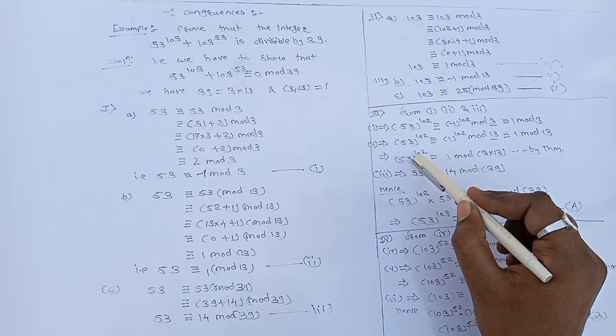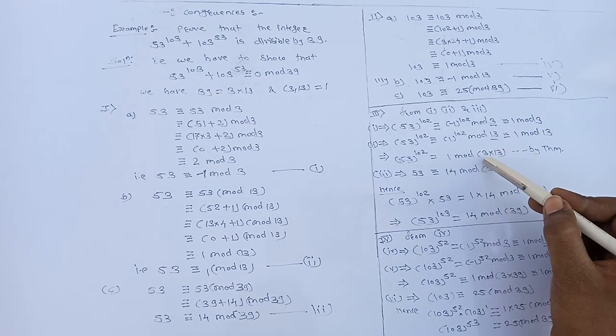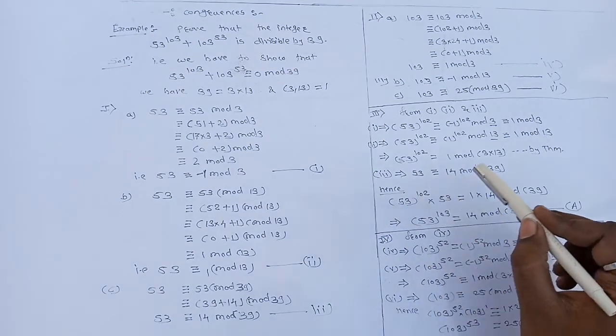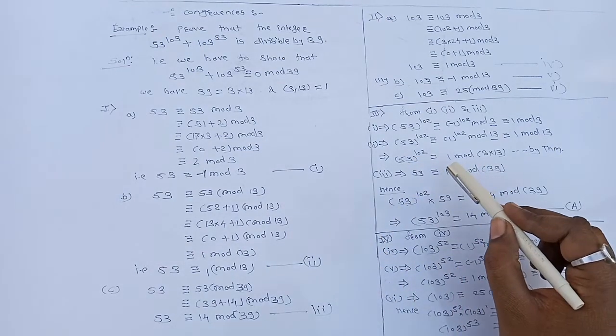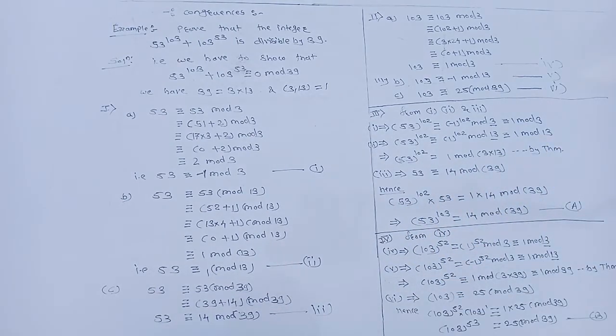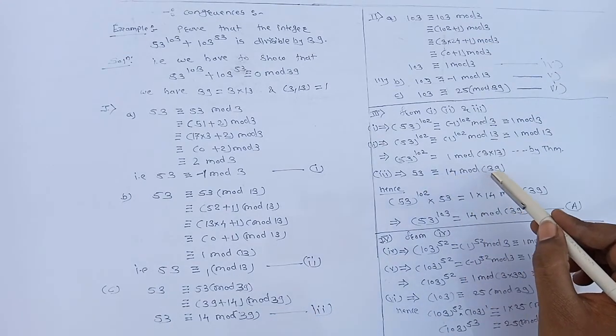So 53 raised to power 102 is congruent to 1 into 1 mod 3 into 13. So you can write 53 raised to power 102 congruent to 1 mod 39 by theorem. Similarly, third, 53 congruent to 14 mod 39.